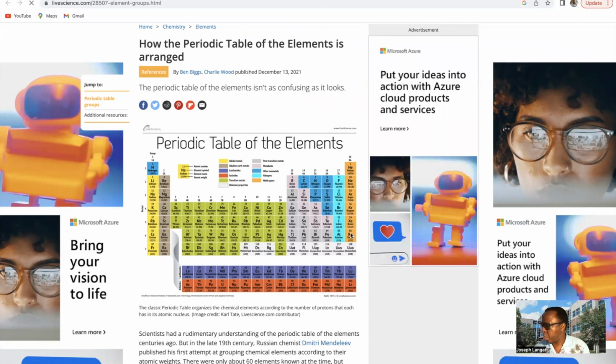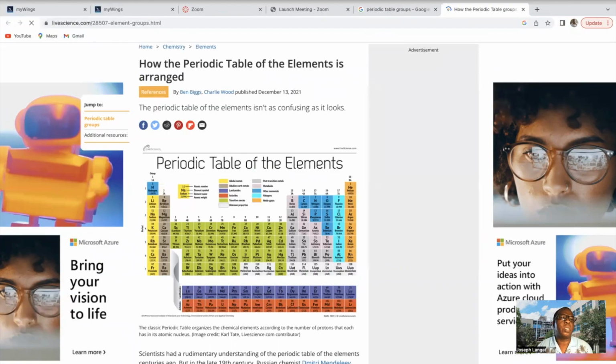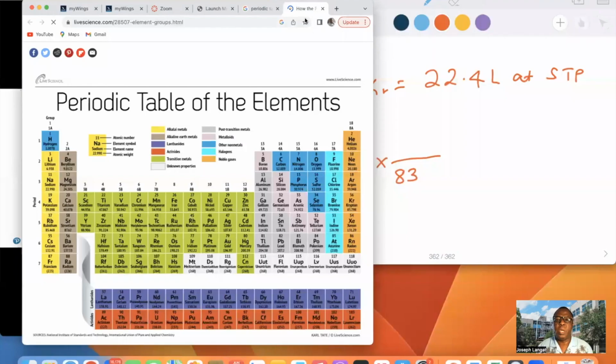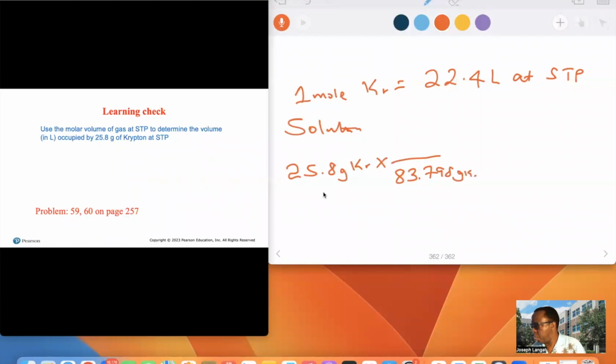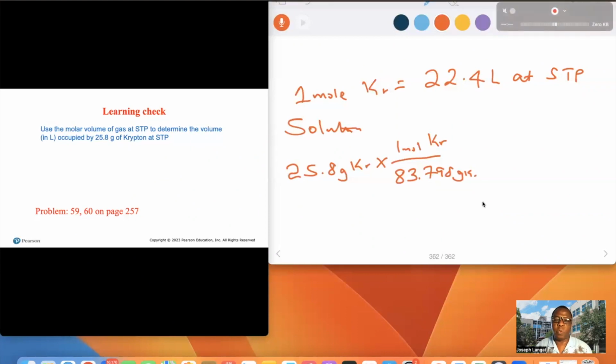I'm going to minimize this to show you my setup: 83.798 grams of krypton is 1 mole of krypton. What I'm doing here is converting the given grams of krypton to moles of krypton using its molar mass from the periodic table.